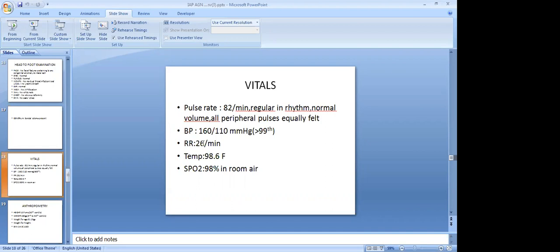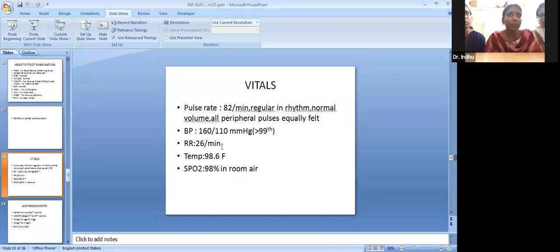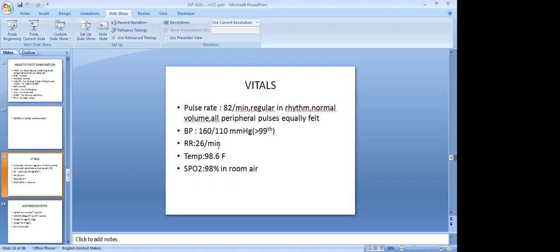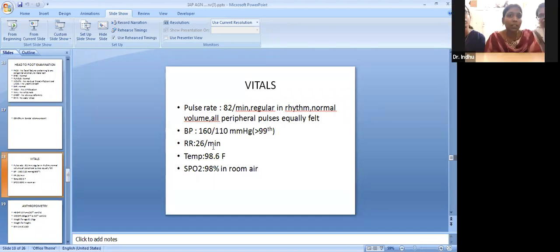Now, what is the cause for hypertension in this patient, considering that the patient has a GL? Cause for hypertension, most likely the renin activating system. Why do you think the renin system gets activated? Hypoalbuminemia.